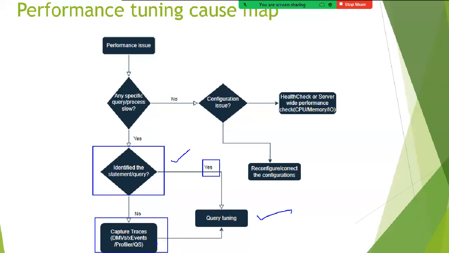Then you can go with the DMVs, extended events, Profiler, or query store to get the query of the long running transaction. If it is not a specific query issue, then we'll check if any specific configuration needs to be changed. We will talk about those configurations.